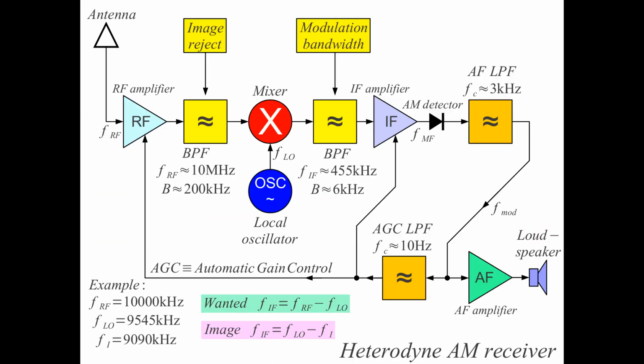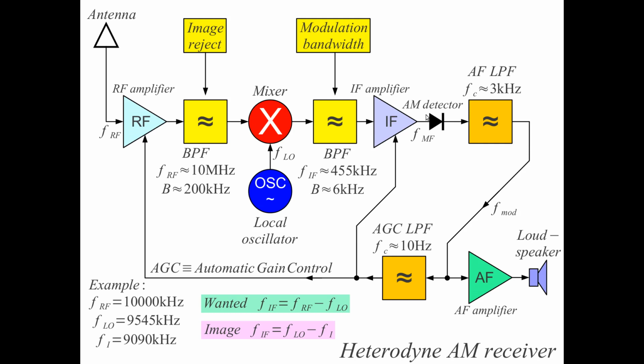The mating receiver is a heterodyne AM receiver with one frequency conversion, as we have on this schematic, or we may have more frequency conversions. If we have a higher frequency on the antenna, say 120 megahertz, then we first convert to a first intermediate frequency and then to a second intermediate frequency.